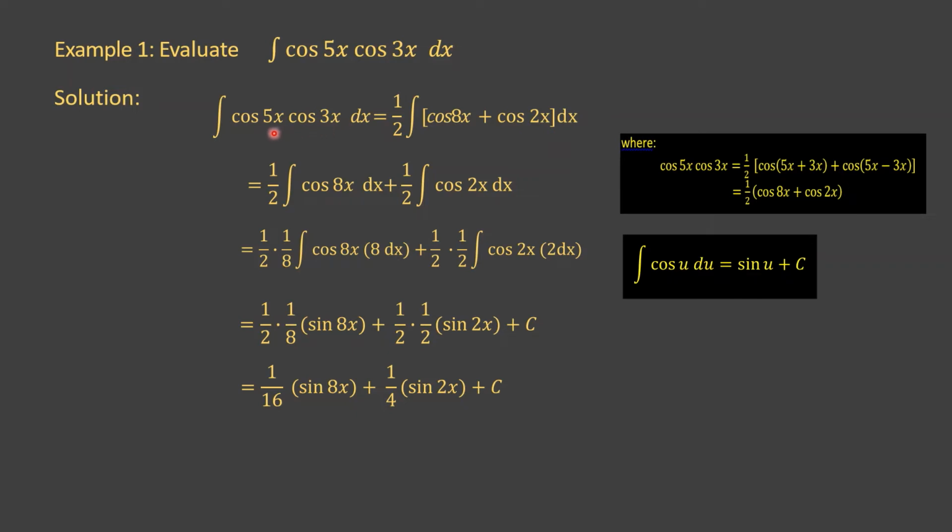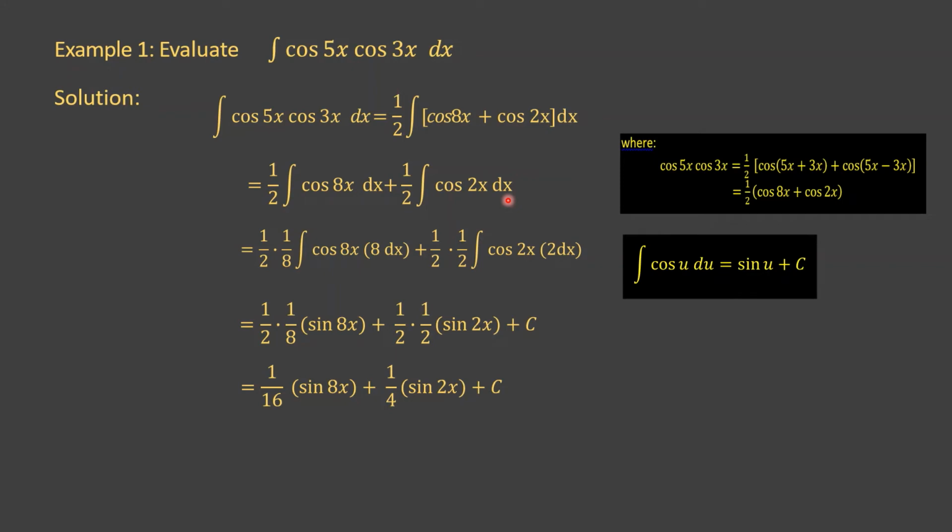So this integral of cosine 5x, cosine 3x dx can now be written equal to 1/2 the integral of the sum cosine 8x plus cosine 2x times dx. Or we can look at this as a sum of integrals as given by 1/2 the integral of cosine 8x dx plus 1/2 the integral of cosine 2x dx.